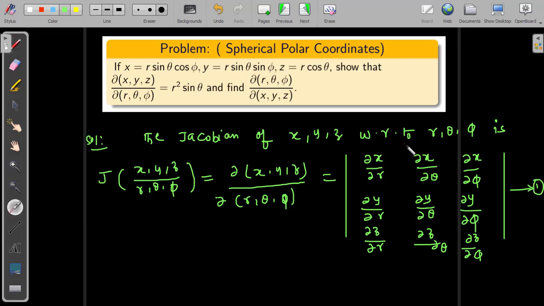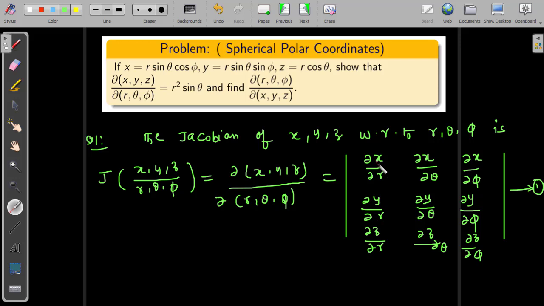This determinant contains 9 elements, so we need to find 9 derivatives. After that we plug them in and find the determinant of order 3 by 3, which gives the result. This is the idea.